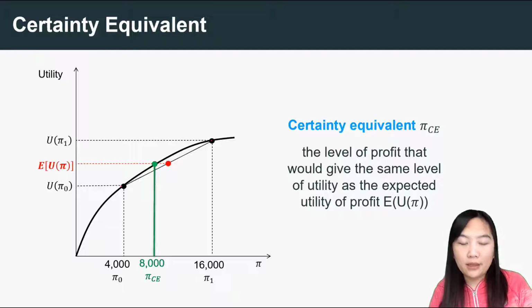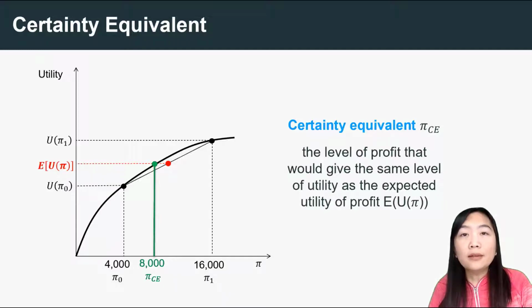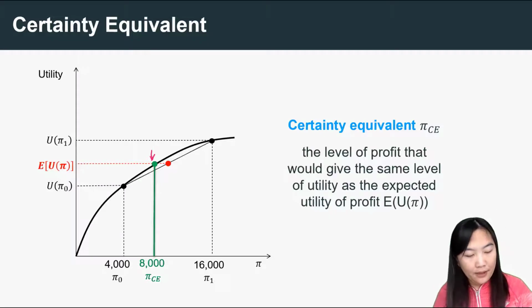That's your expected utility. And step 3, once you find that red point, you go horizontally to the utility curve and find this green point, and then you go down to the horizontal axis and find the profit level there. So CE is a level of profit.